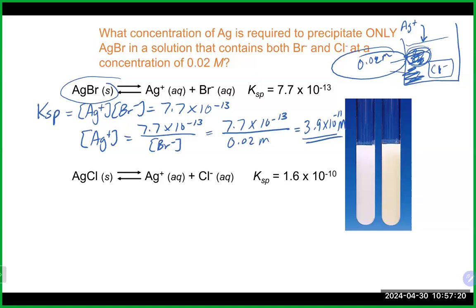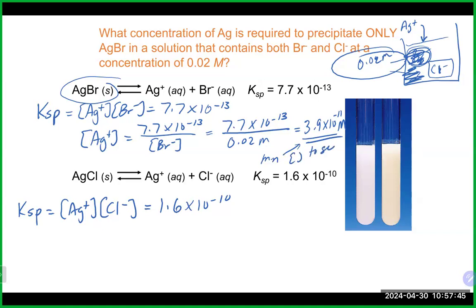Now, we could also do a similar calculation for the silver chloride and figure out how much silver we would need to precipitate out the silver chloride. If we do the same thing, we take our Ksp expression: the silver concentration times the chloride concentration equals 1.6 times 10 to the minus 10.